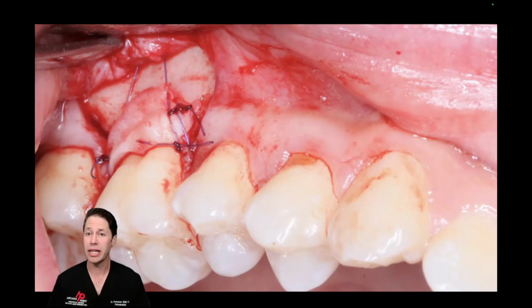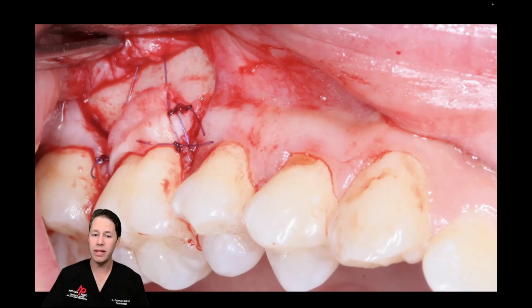Sometimes you never know if you're going to get good connective tissue or more glandular connective tissue on these types of cases. So this was a tuberosity harvested CTG graft with a double blade technique. I use a double blade that's 2 millimeters in thickness to get a predictable, thick, uniform slice.